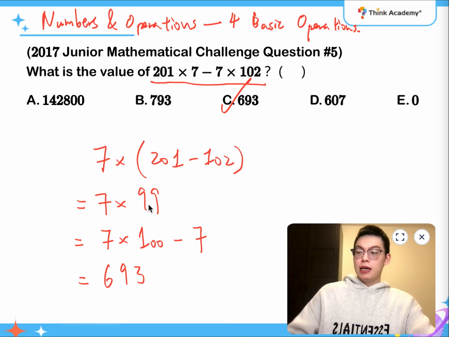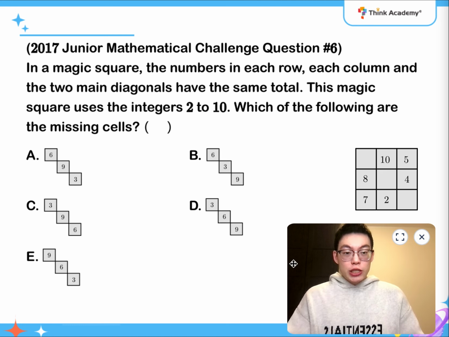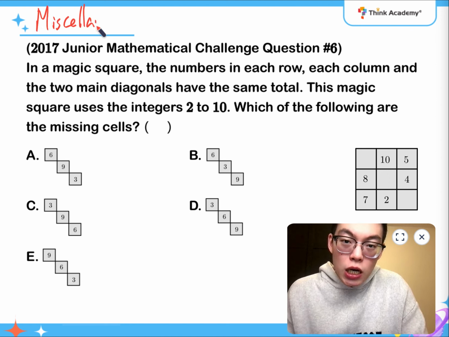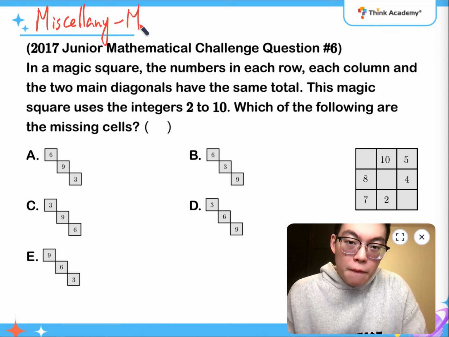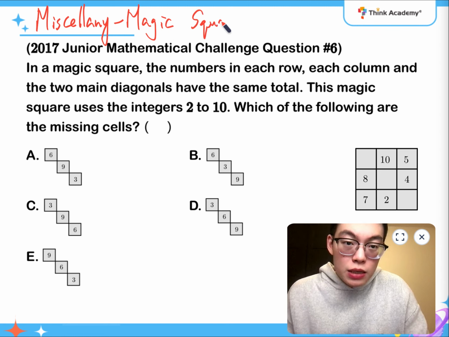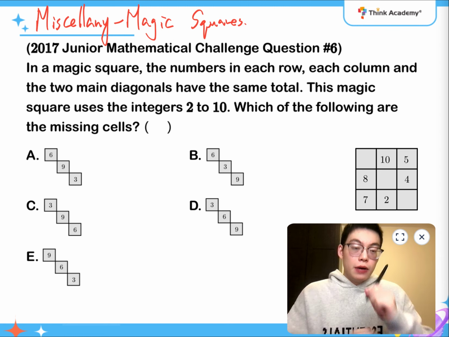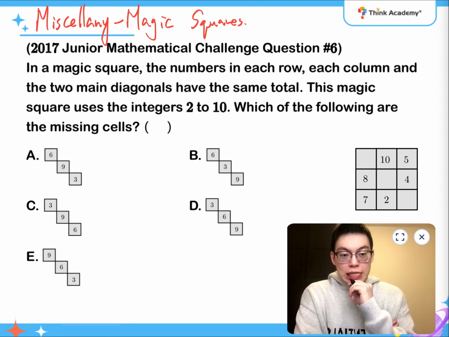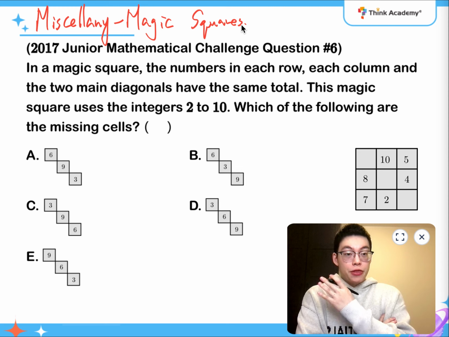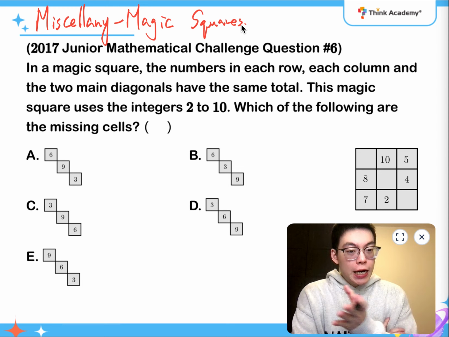Okay. And as for question 6, this is a miscellany question on magic squares. All right. So we know that the center number of a magic square is equal to a third the sum on a line.